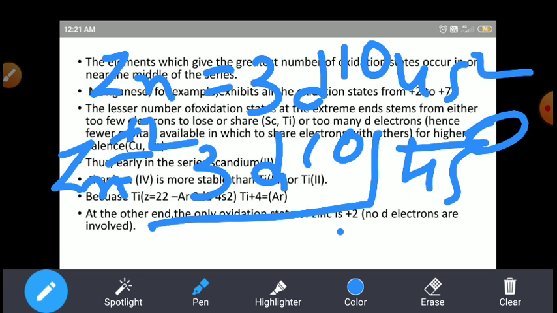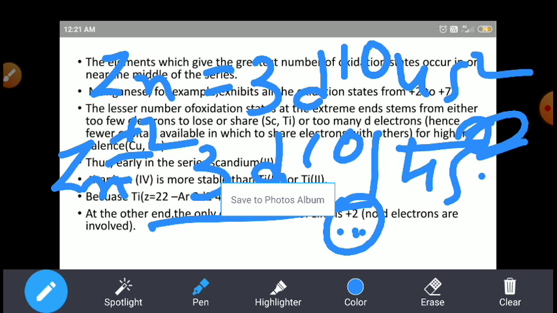The 3d10 electrons remain; whenever the 2 electrons are lost, these electrons are removed from the 4s2 orbital.